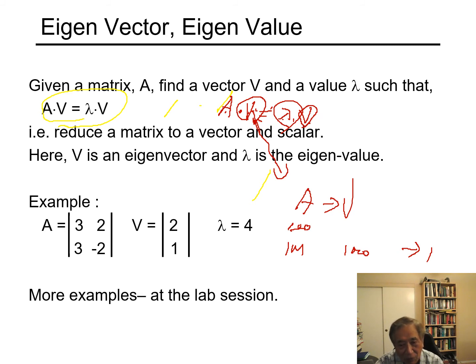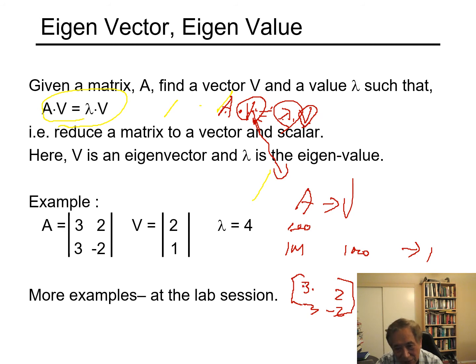I'm sure that hopefully you know how to do matrix multiplication. We did that already. So [3, 2; 3, -2] times [2; 1]. This we have derived, so don't ask how you got it. But [3, 2; 3, -2] is our original data, and somehow, magically, we got 2 and 1.